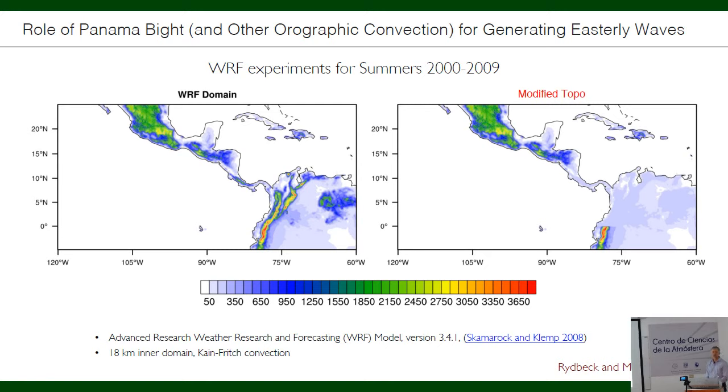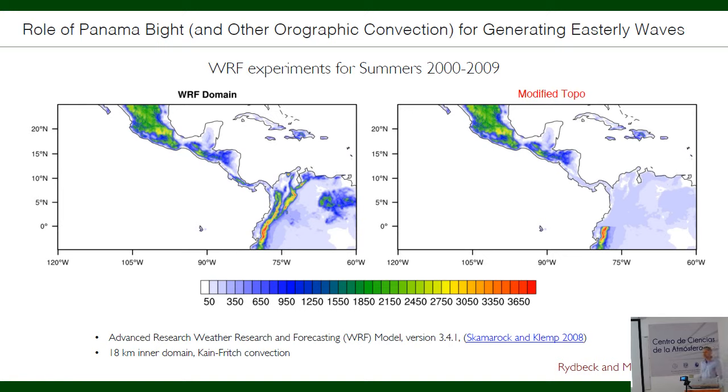We're going to run this regional model over this domain that you can see here. This is our control simulation with reasonably realistic topography in Mexico and Central America. We're also going to run this model in another configuration where we essentially flatten land over the Isthmus of Panama and northern South America.